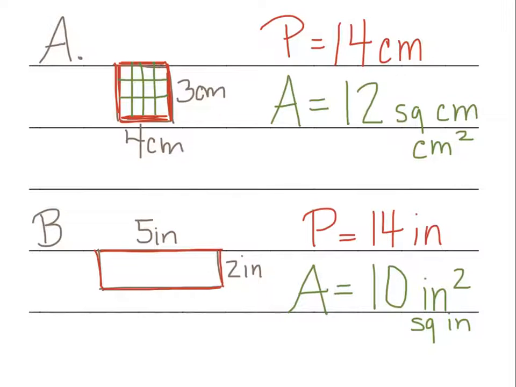Again, either one is fine. 1, 2, 3, 4, 5. Area again, counting the inside, perimeter counting the edge. So hopefully you're understanding how that works, and we will take a look at it briefly tomorrow and make sure you're right on track with that. Remember, perimeter, outside edges, area, inside space. See you tomorrow.